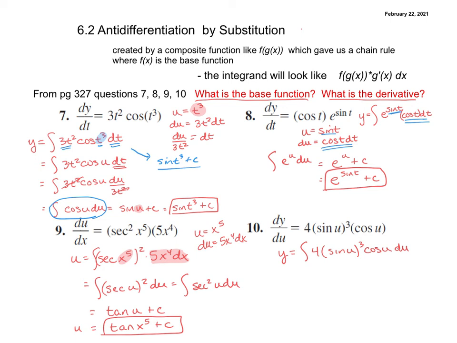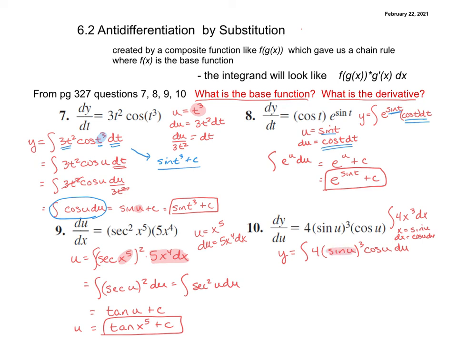Since we have u's in there, instead of letting u equal something, I'm just going to say you should recognize this to be the integral of 4x cubed dx. Because what we really have here is like x is equal to the sine of u, and then dx is going to be the cosine of u du. So you have that right here.